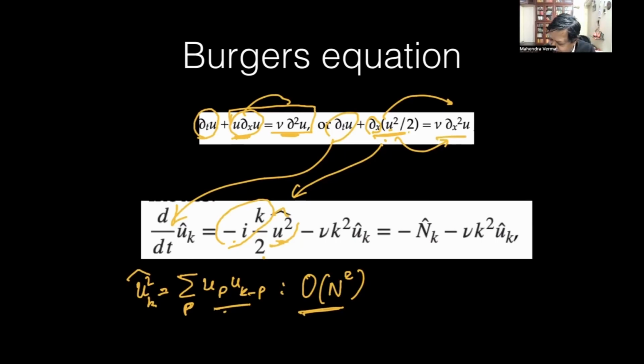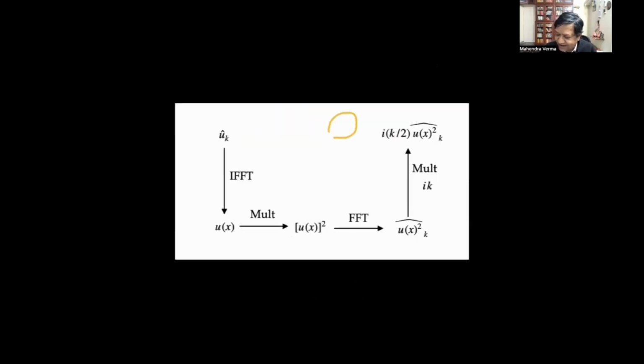Now this term, nu grad u, or nu second derivative of u with x, is this, right? Because ik and ik twice gives you minus k squared. So the nonlinear term I denote by N hat k, and I'll show you how to do it using FFT.